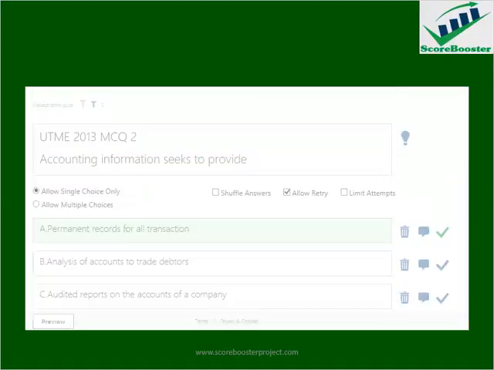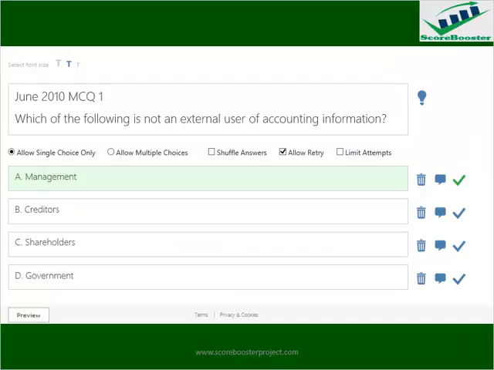Then we also have another question, 2010, question number 1. The examiner says which of the following is not an external user of accounting information. We just explained them. Which one is not an external user? Is it government, shareholder, or creditor? You'll be able to discuss that when you pick the correct answer, and it will tell you whether you got it or not.